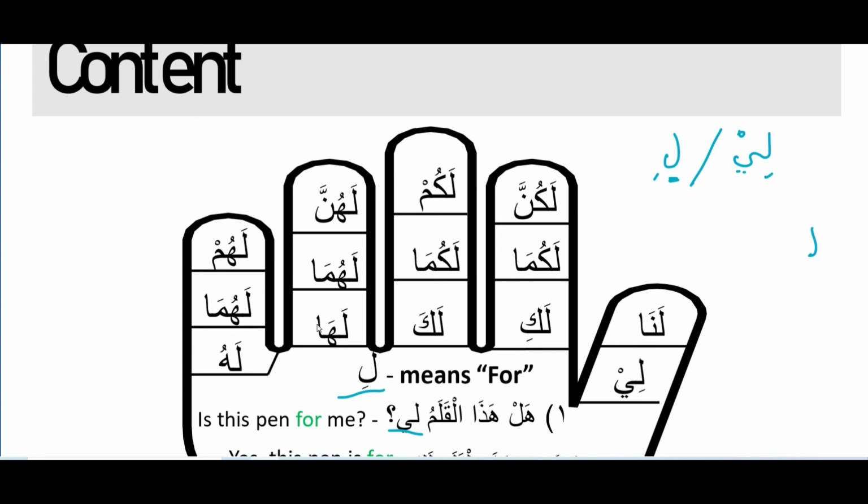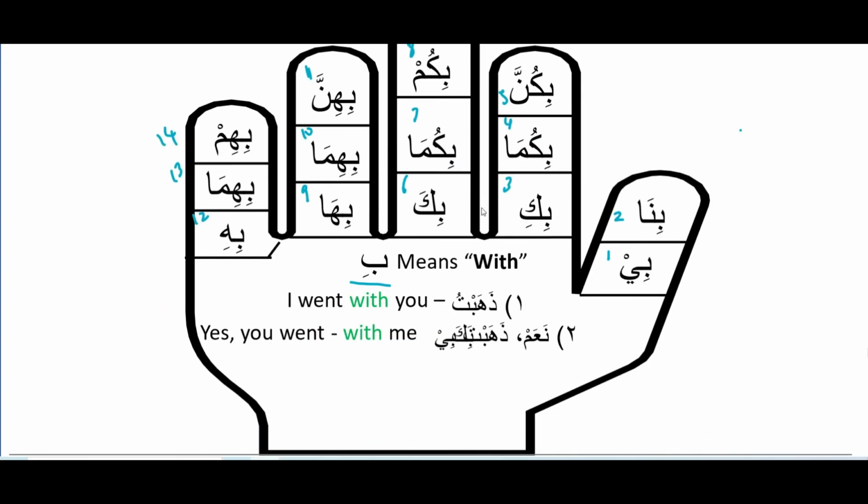So which one is correct? Here in bihima, bihinna, the ha of the dhamir muttasil is in the lower vowel.